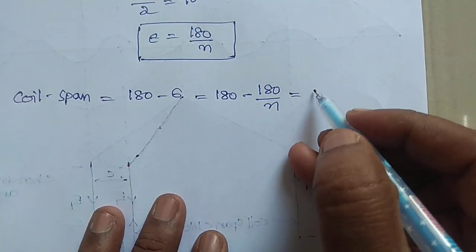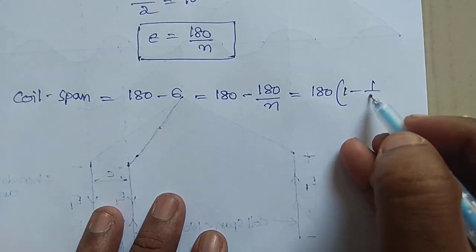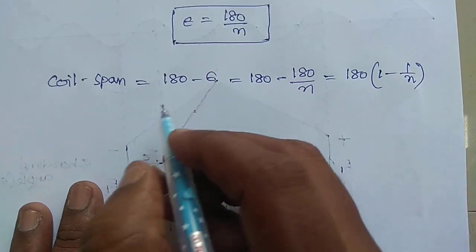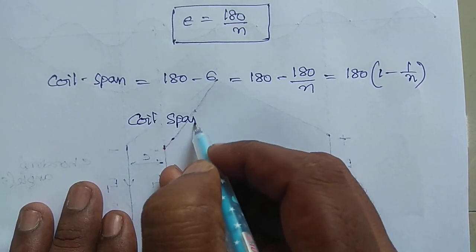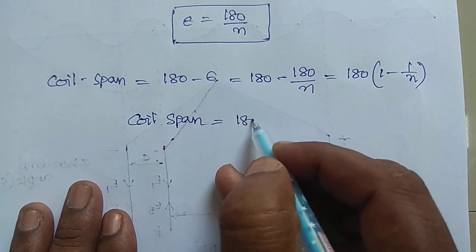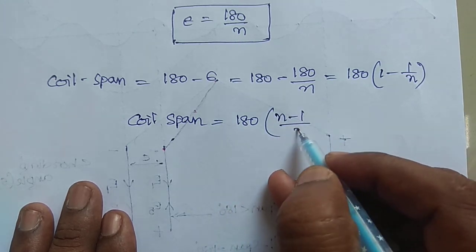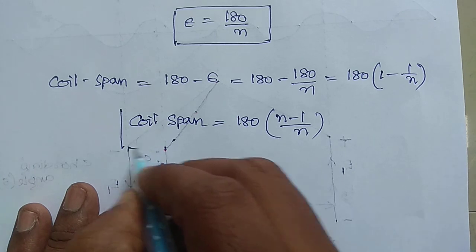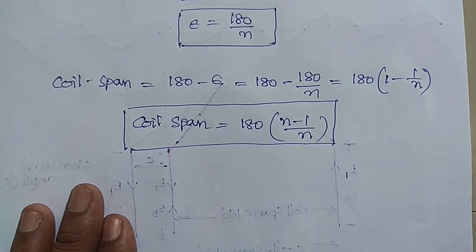Now I take 180 as common, so 1 minus 1 by n. So I get the coil span value. The coil span is equal to 180 into (n minus 1) by n. This is the formula to eliminate the nth order harmonic.